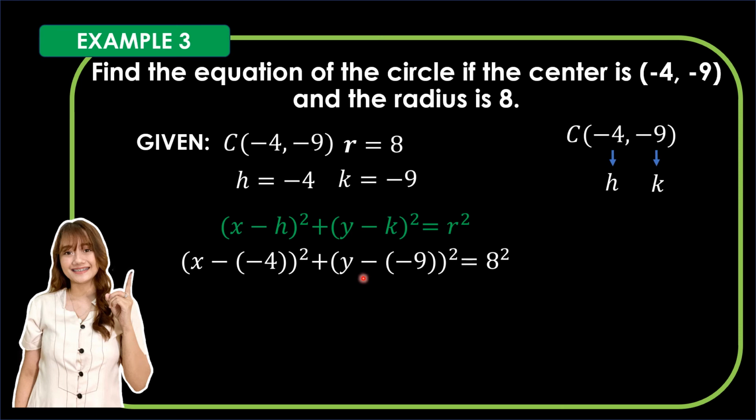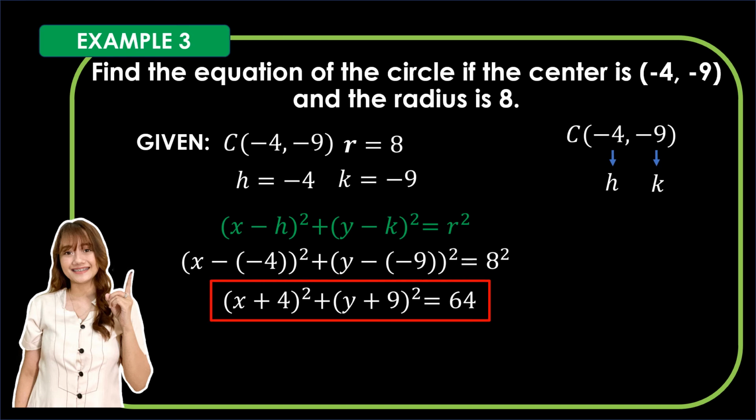Also, with this binomial, we have negative times negative, we have a positive sign here, and we know that 8 squared is equal to 8 times 8, so our equation will be the quantity x plus 4 squared plus the quantity y plus 9 squared equals 64.